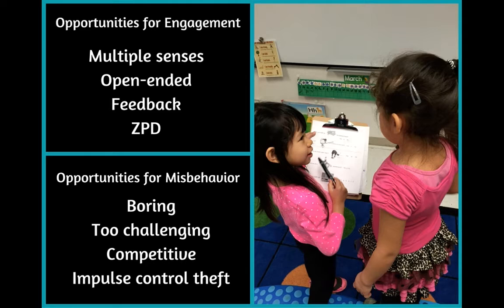So the way that we get engagement and the way that we critique a toy or an object within our classroom is to look to see that it has different ways that the child can interact and explore and learn from it. So we want to really think about multiple senses here. You'll see themes of universal design throughout.